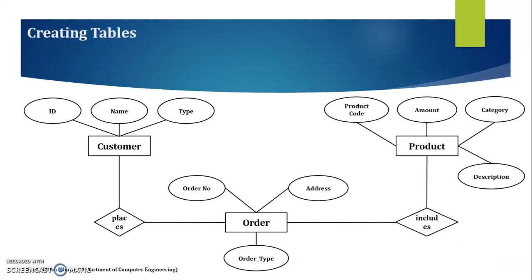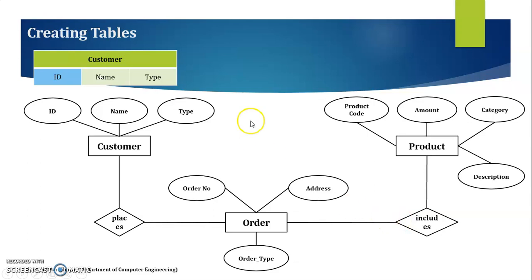Now creating a table. When you want to create a table, the tables will be for the entities. We have your 3 entities, that is customer, order, and product. So first we will create a table for these entities. Starting with the customer, here you can see the customer table where we have 3 attributes, that is ID, name, and type, same as specified in the ER diagram.